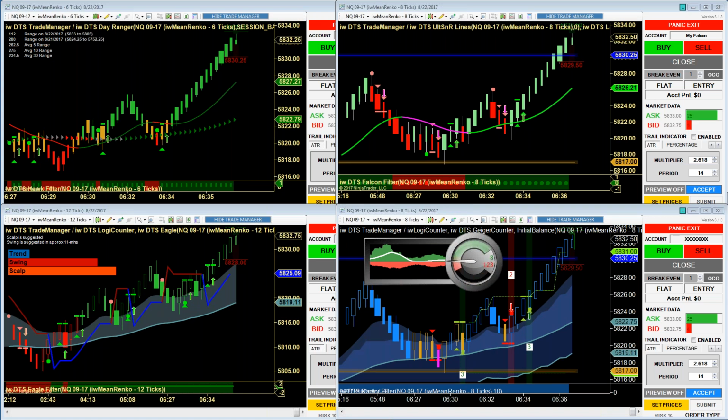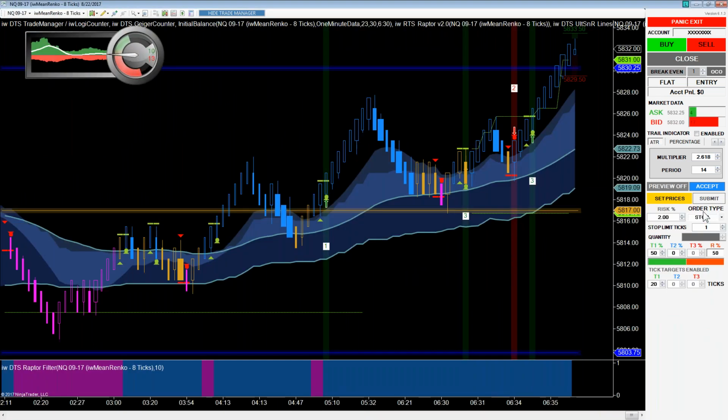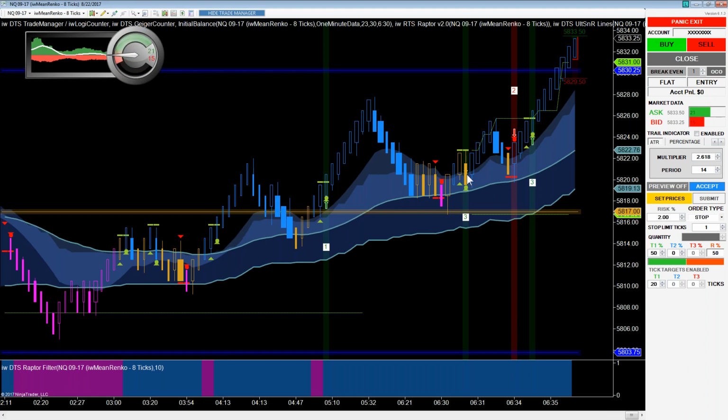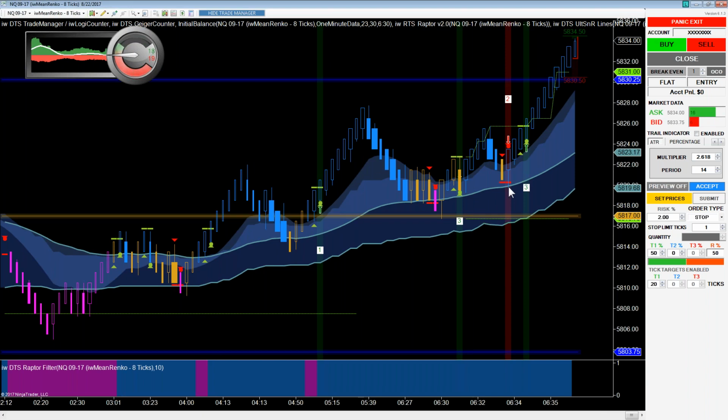All right, so a little bit of an initial rally, it seems. Here on the Raptor, we pre-market had our cloud crossover signal. That's the number one signal, followed by a hard edge bounce, followed by a very brief attempt to reverse the market.